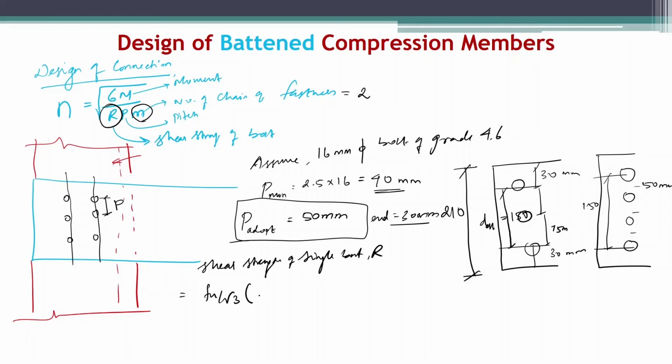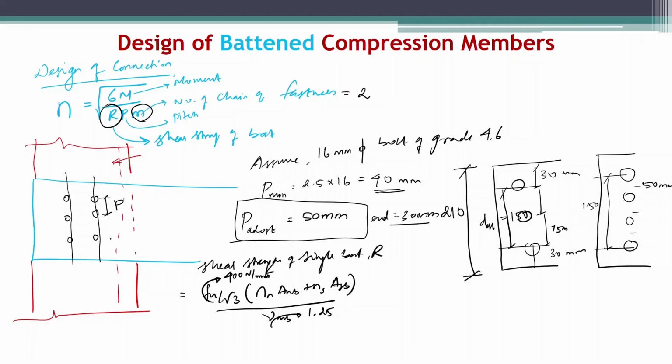Please refer to the design of tension member or the design of connection for this detailed description. The partial safety factor, gamma mb, is 1.25. Fu, the ultimate stress of the bolt, is 400 Newton per mm square.